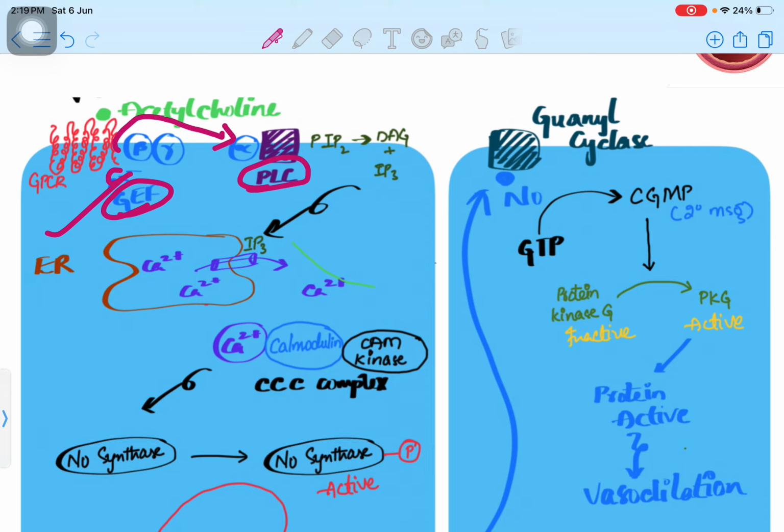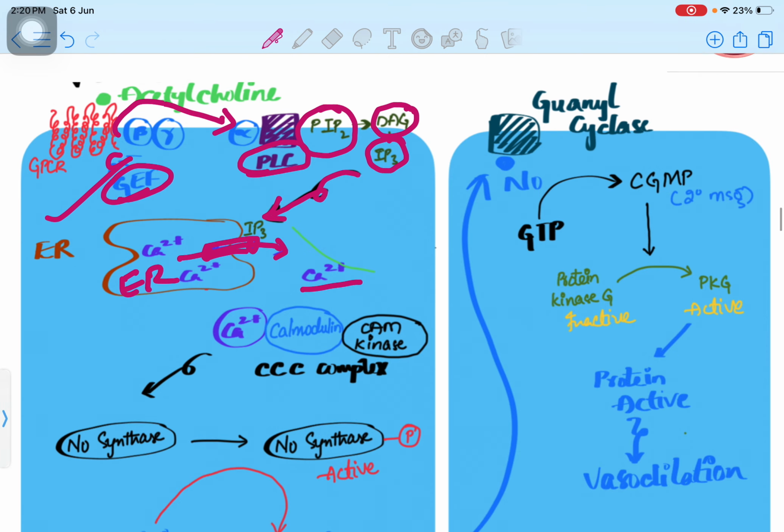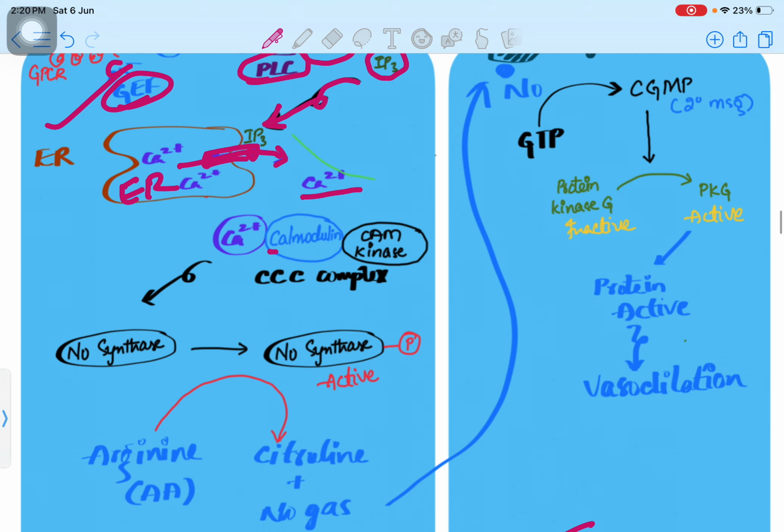The alpha subunit will move towards PLC, phospholipase C, and PLC will break PIP2 into DAG and IP3, as you know very well. The IP3 molecule will move towards the ER, attach to it, and release calcium from the ER by making a channel. After calcium release, it will bind with calmodulin, CaM kinase, and the CCC complex will form.